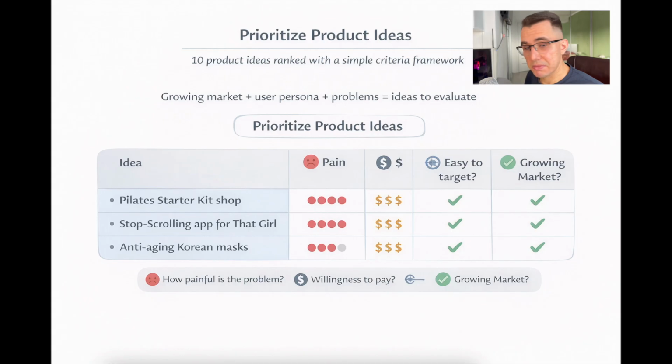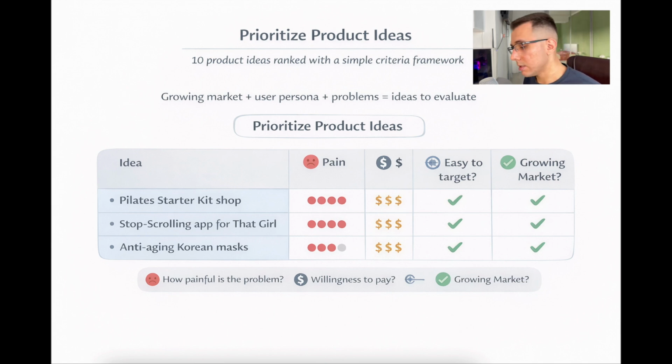Is the pain big? Yes, in my opinion, because the girls on social media mentioned that they want a one-stop shop for them to start Pilates easily. They just order anything they want, anything they need to just be delivered at their door, and next day they go to the Pilates classes. Do they have willingness to pay? Yes, it's proved. The user persona in this category is basically already educated enough to spend money on things they need for their well-being.